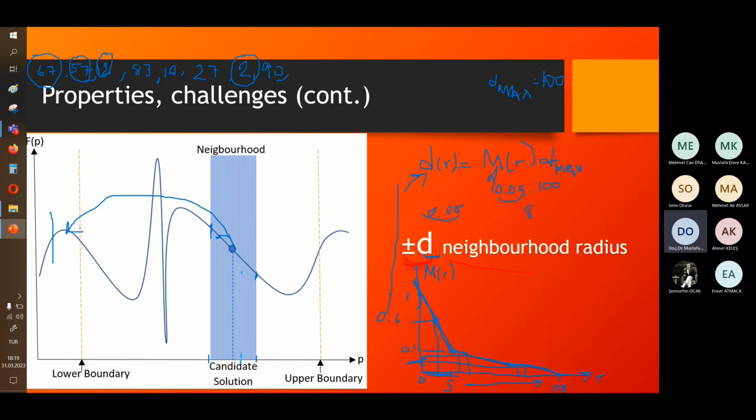And then while we were here, once again, we will randomly calculate the radius, and more likely it will be small. So we will be exploring this area. Then all of a sudden we will get a large neighborhood, and this will make us jump somewhere else.